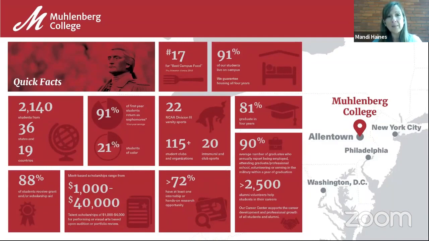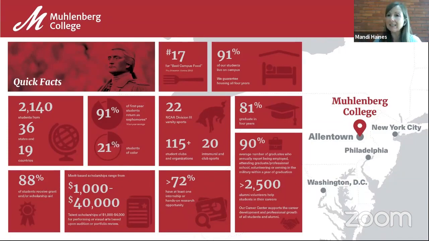We have about 2,100 students coming from over 36 different states. This is information from last year, so it's not quite updated yet, but in 19 different countries. So we're a diverse community of students and educators. And we're also a residential school.